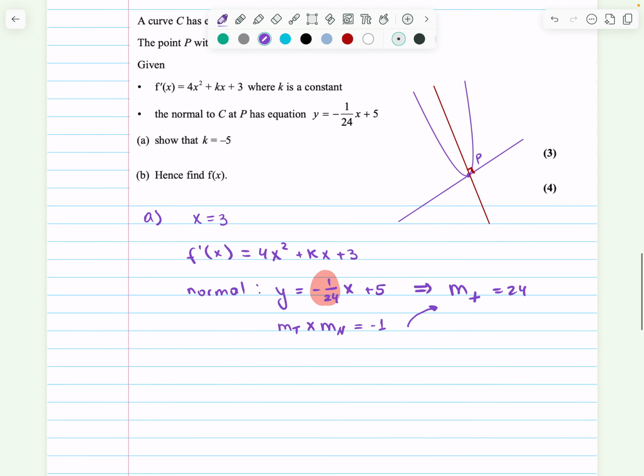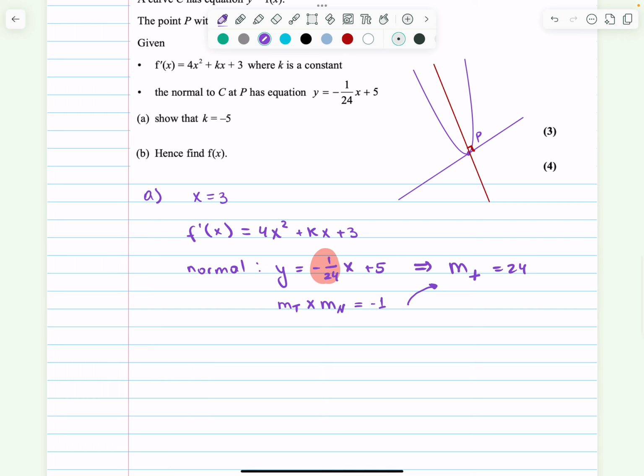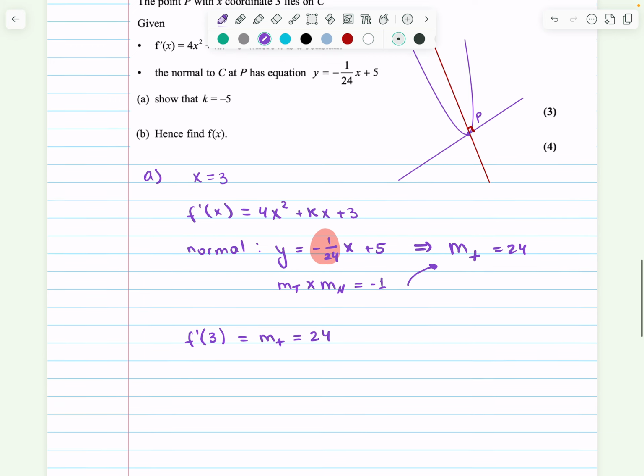So why do we need this? Because in curves, the derivative represents the gradient. So the first derivative of the curve C at the point x equals 3 is the same as the gradient of the tangent line at the point 3, which means it's equal to 24.